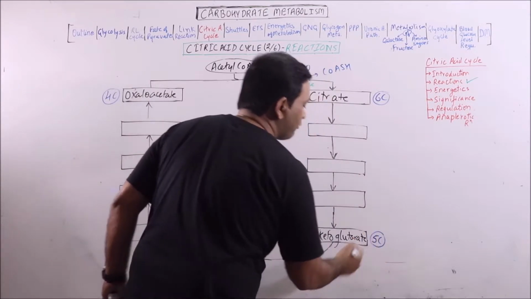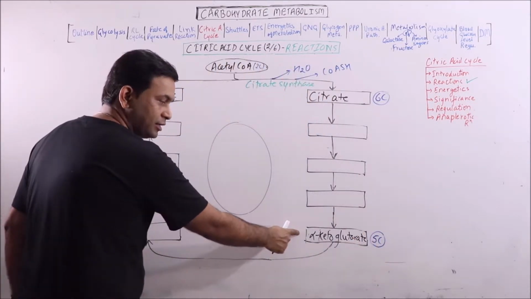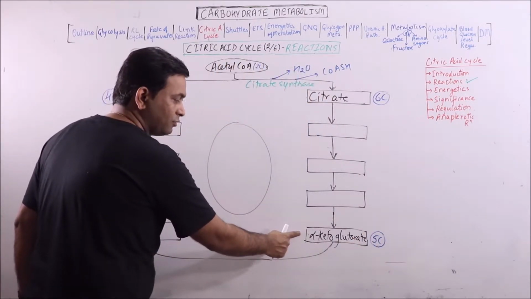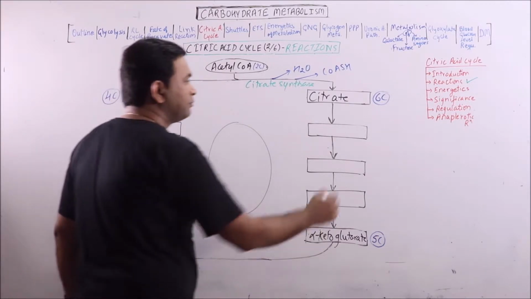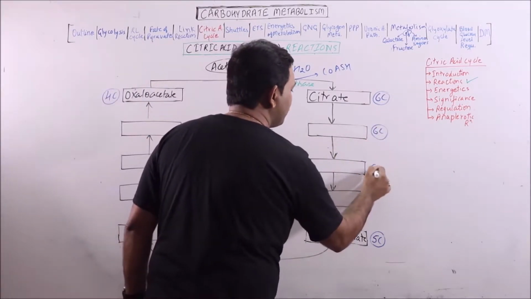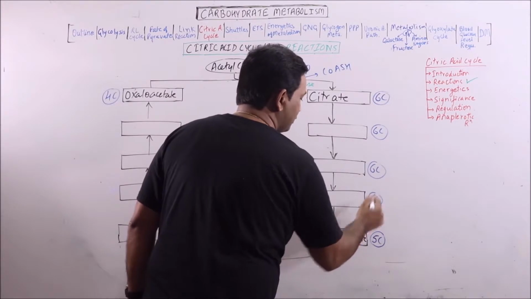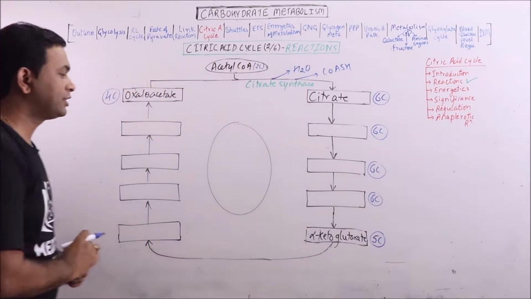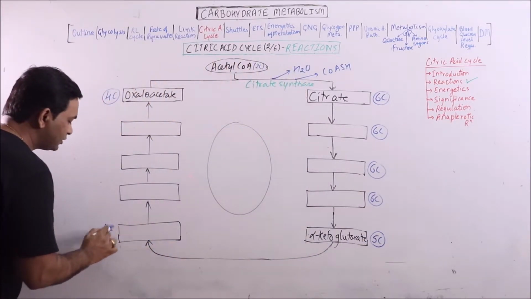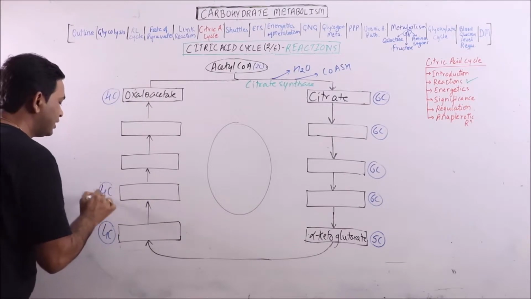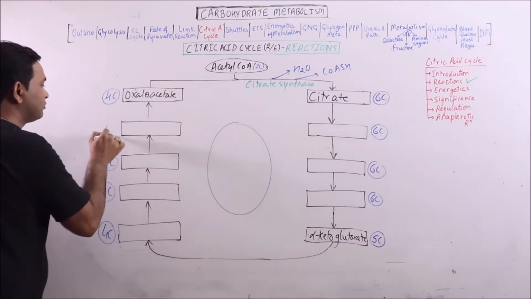So compound number 5 is the only compound which has 5 carbons. It means that the compounds formed earlier have 6 carbons, and those formed later have 4 carbons.